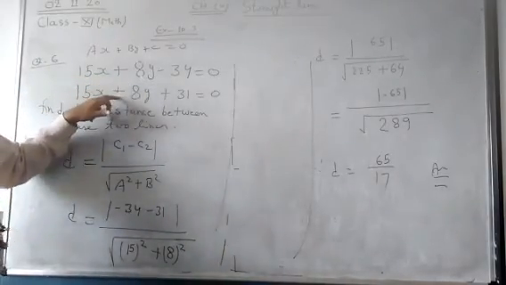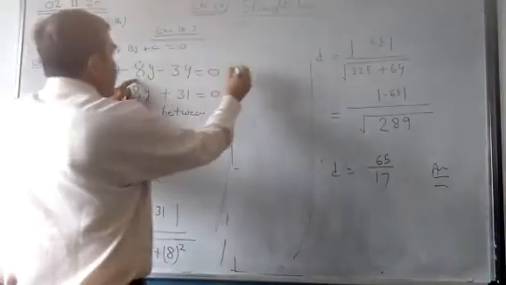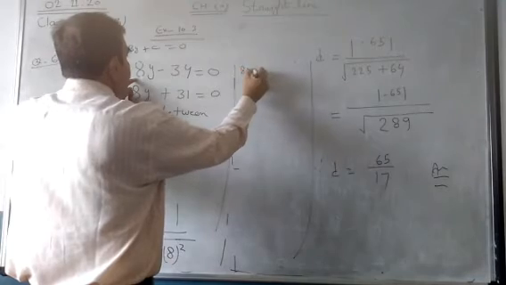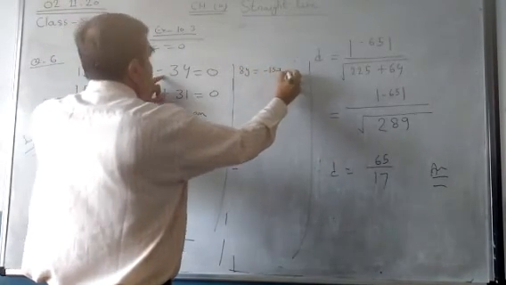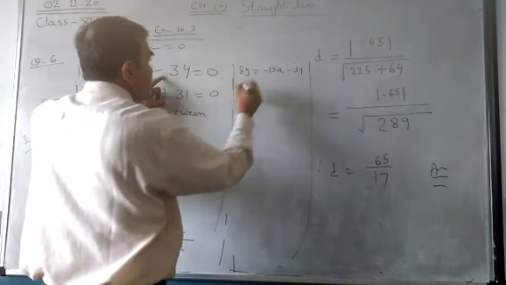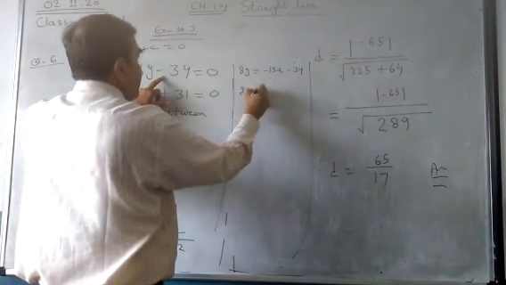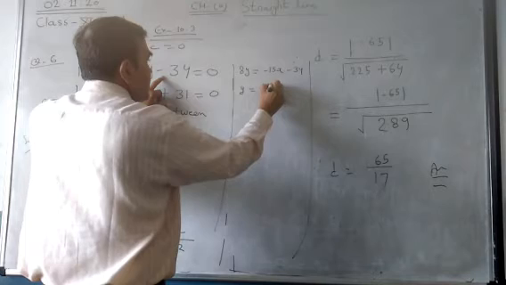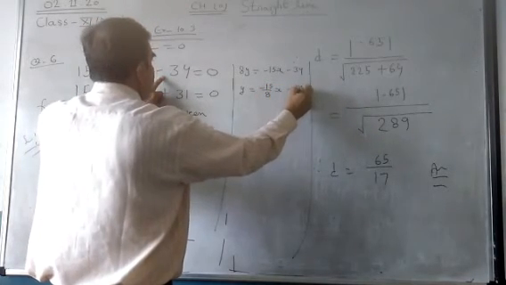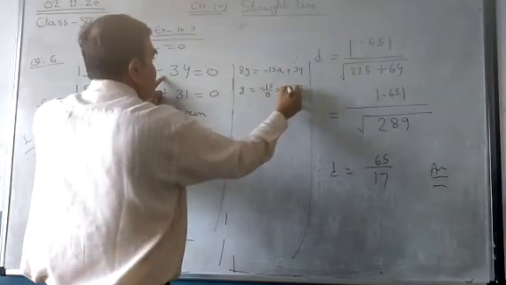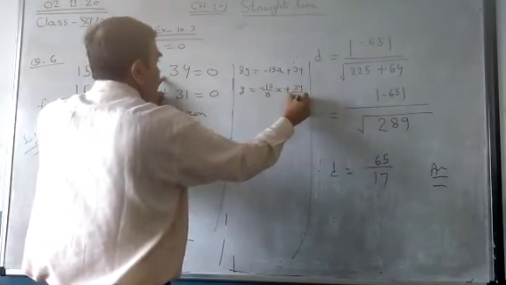Check that the slopes are equal. 8y equals minus 15x minus 34, means y equals minus 15 upon 8 x minus 34 upon 8.